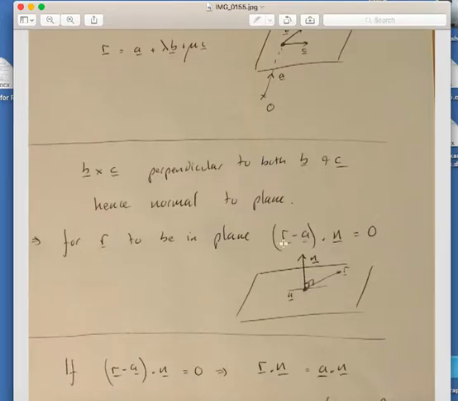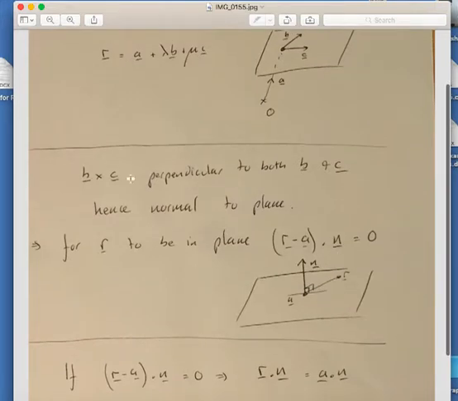So in other words, moving from me to point a in the plane must be perpendicular to the normal to the plane, so the dot product of the two of them must equal 0. So there's a second way of writing the equation of a plane: (r minus a) dot n equals 0, where a, the same as in everything you've done about vector equations of lines, represents a point in the plane, and n represents the normal to the plane, which can be found from the cross product of two vectors that are in the plane.